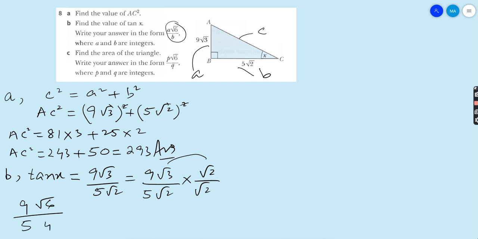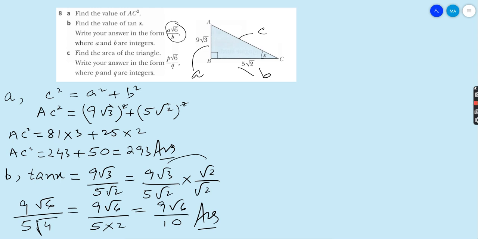Root 2 into root 2 is root 4. Root 4 is 2. So 9 root 6 upon 5 2s are 10. This is the requirement of the question. Give the answer in the form of 9 root 6 upon 10, and we fulfill the requirement.